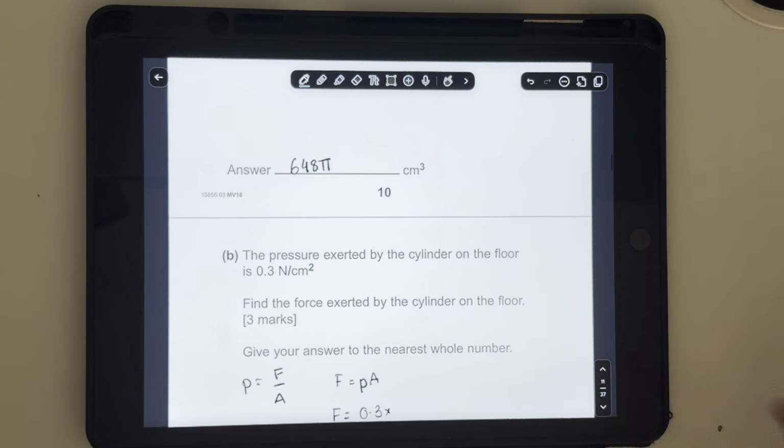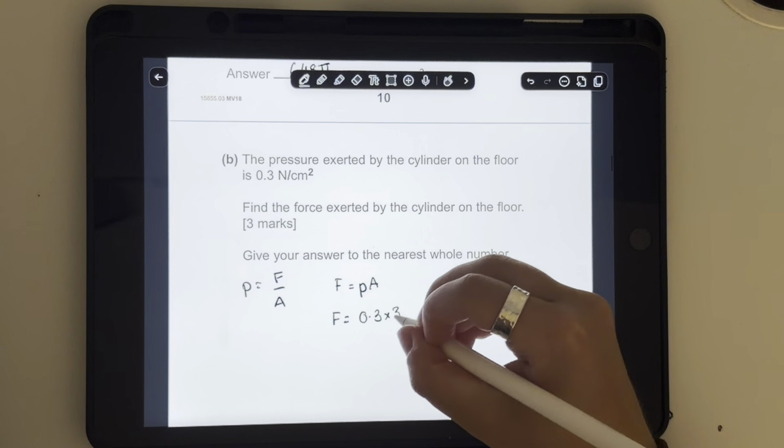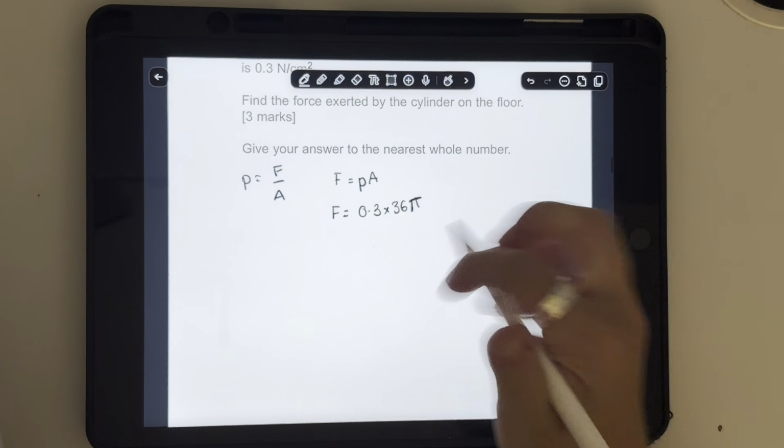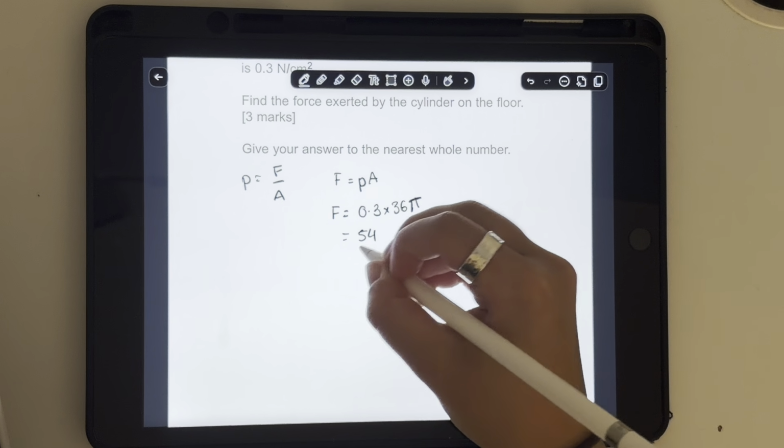And then we need to divide by, I'm assuming, the area. So we got 36 pi. Yeah, we need to divide it by the height, because what's the point in that? And then multiply by 0.3. And that gets me 54 over 5 pi.